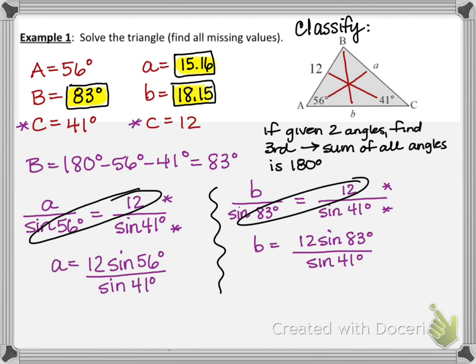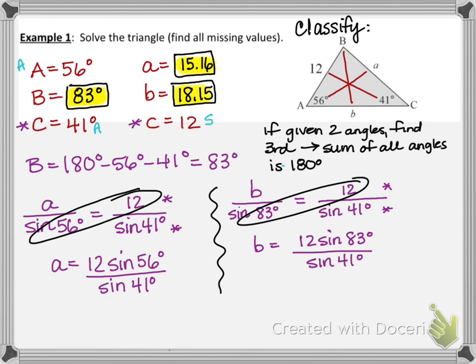So remember, classification has to do with what is given. So in our problem, let's use light blue here. In our problem, you were given an angle right here, light blue. You were given an angle, here was another one, and you were given a side, okay?